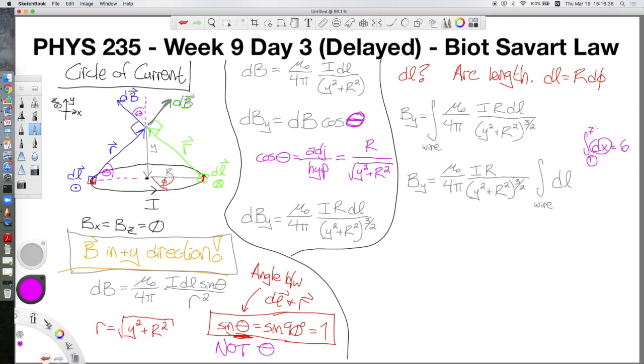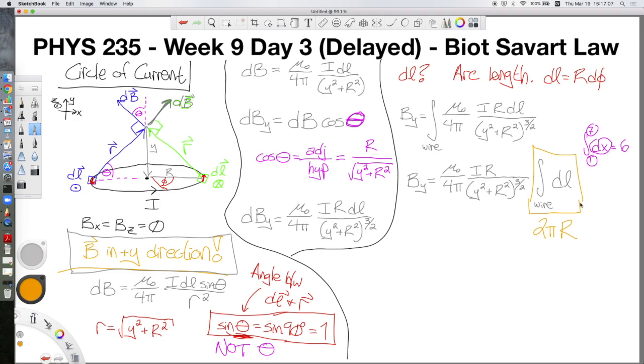So what we need to ask ourselves here is how much L do we cover as we go around the entire wire? The answer is, pause it if you want more time to think, that the total length of the wire is its circumference, 2 pi r. So that whole integral over here, this part boxed in orange, is just 2 pi r.